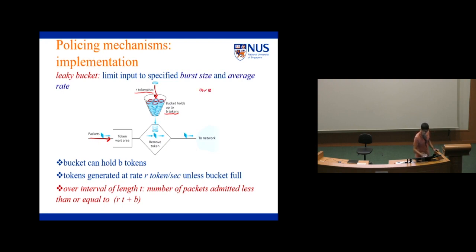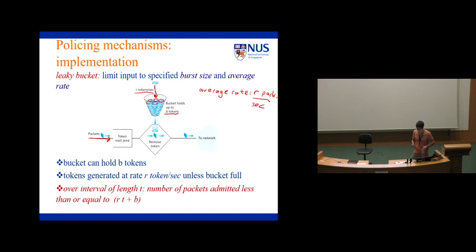So my average rate threshold is R packets per second, just R. And I also have a peak rate. Instantaneously I can serve more than R packets per second.